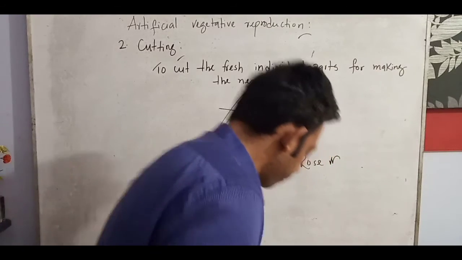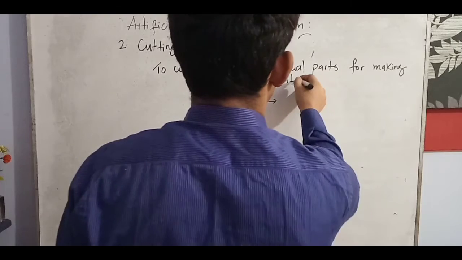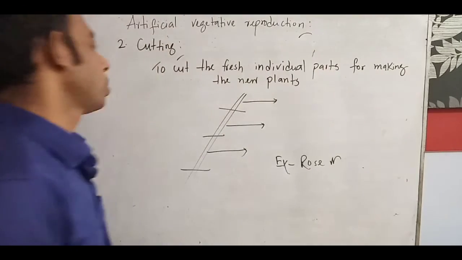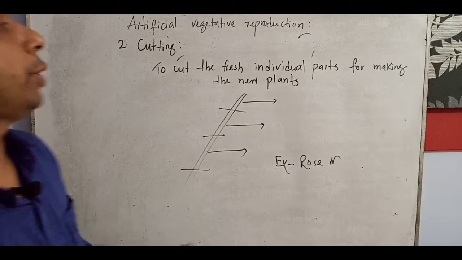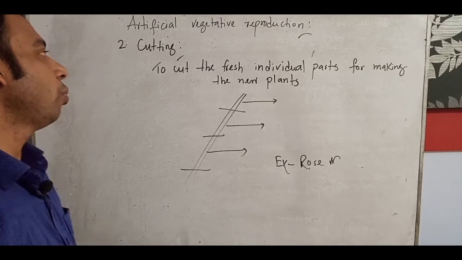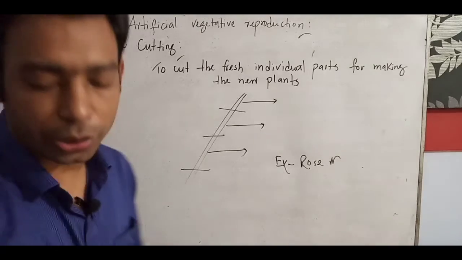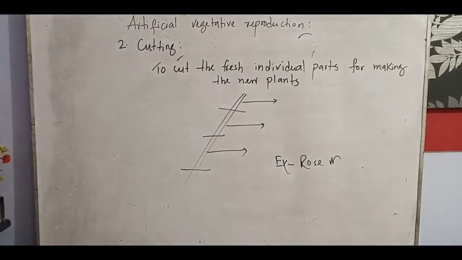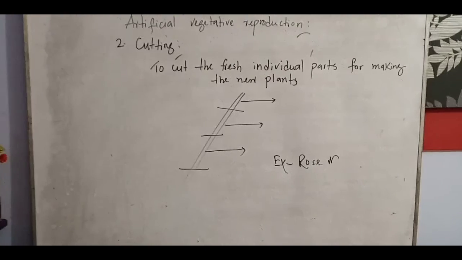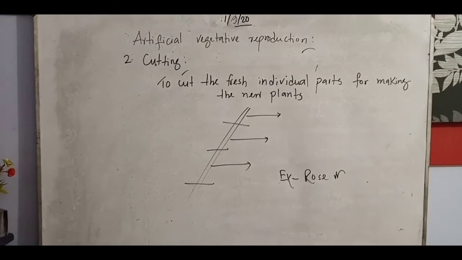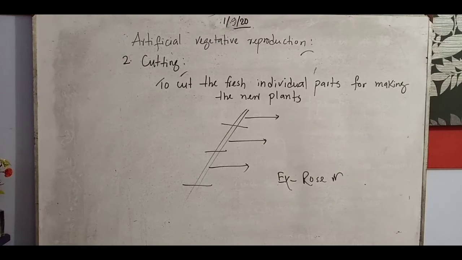This is the process of cutting. If we cut specific new parts artificially, people in the village areas cultivate roses field to field, over long distances, across all the lands.